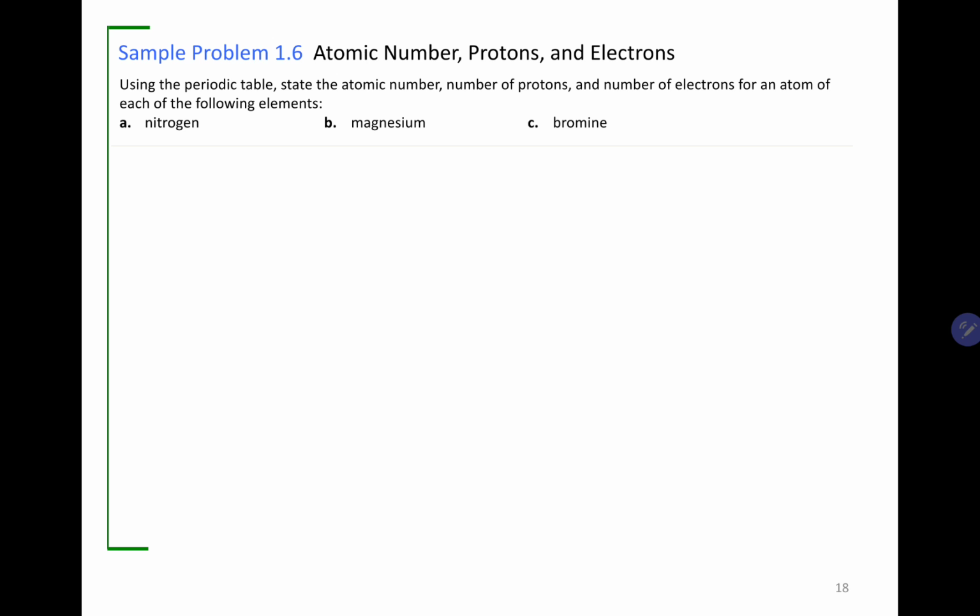But here's the thing: atomic number is equal to the number of protons, and the number of protons is equal to the number of electrons. So all you need is to figure out the atomic number. For nitrogen, what is the atomic number? Figure out the index number for nitrogen, which is 7.